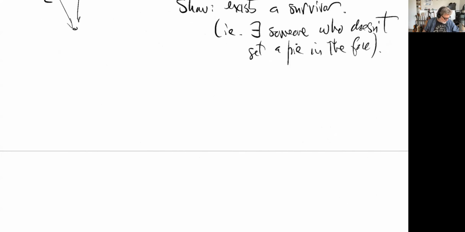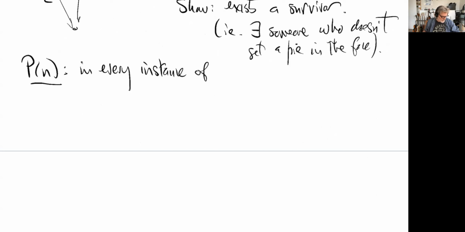What is P of n? This will be the statement: in every instance of the game with, I want an odd number of people, so I will put 2n plus 1.